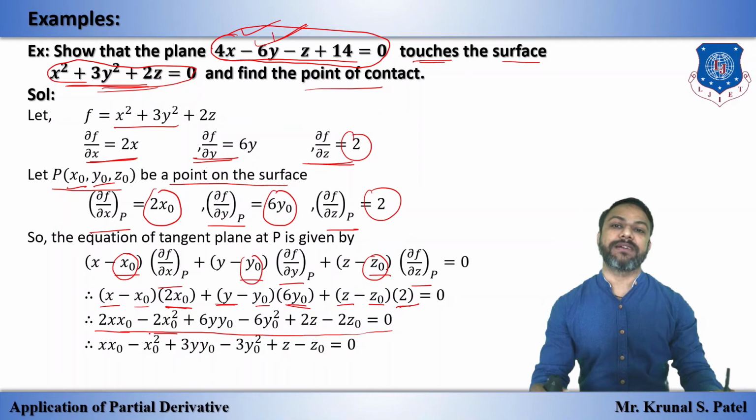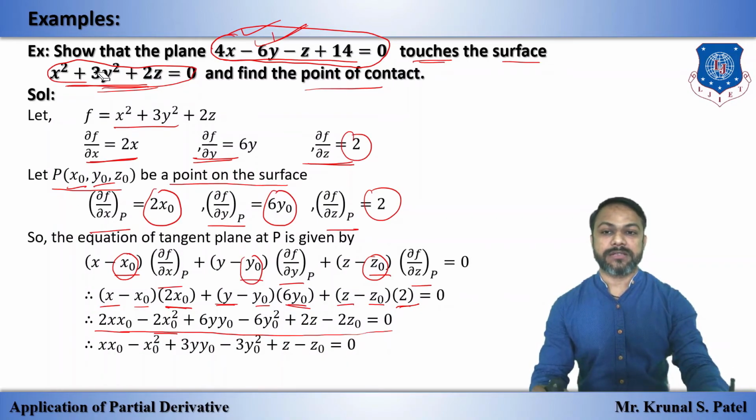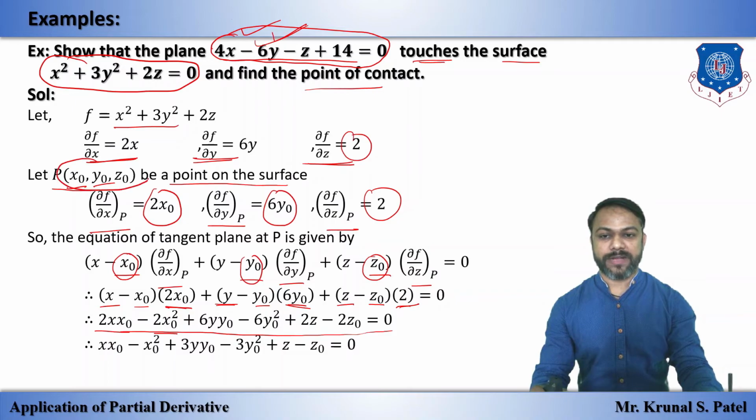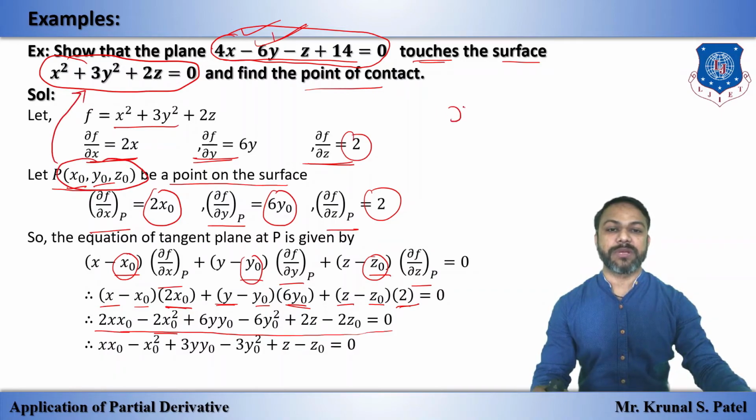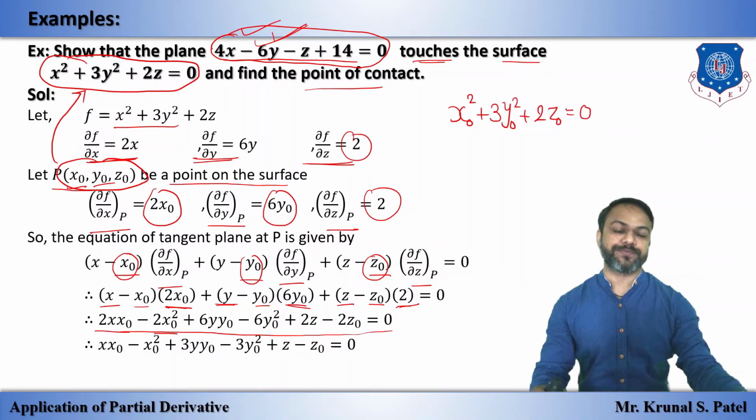Now, as we said, this is a point on the surface, and the surface is this, so the point x0, y0, z0 satisfies this surface. So the surface becomes x0 square plus 3y0 square plus 2z0 is equal to 0.